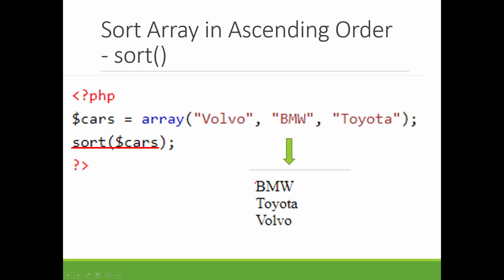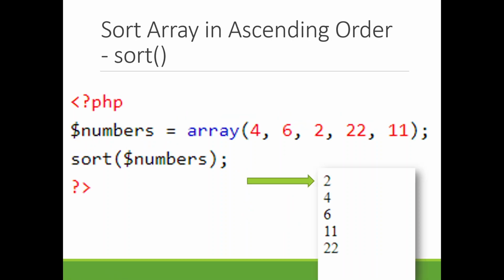So the one with B, then T, then V. You can also sort numbers. So if an array is storing numbers and you want to arrange them in ascending order, you can also use sort. It's going to give that particular order there.